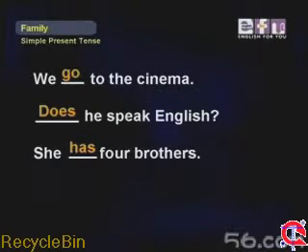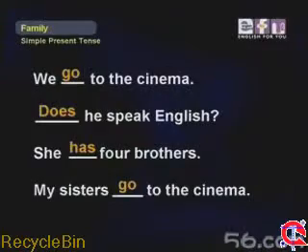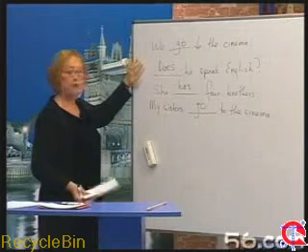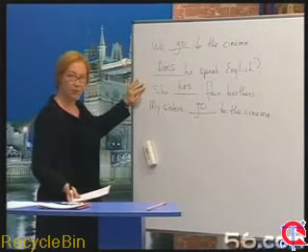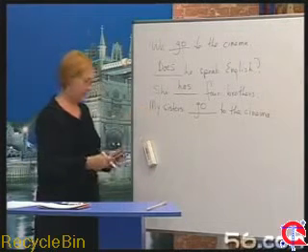Yes, she has 4 brothers. And Isabel? My sisters go to the cinema. Yes. Again, we go to the cinema. Does he speak English? She has 4 brothers. My sisters go to the cinema.